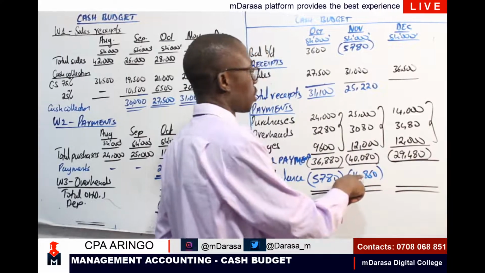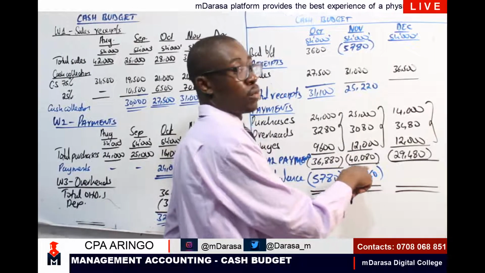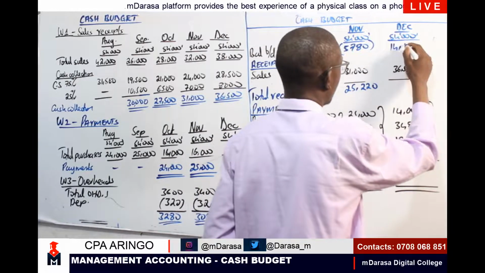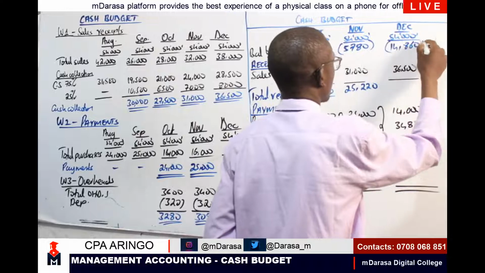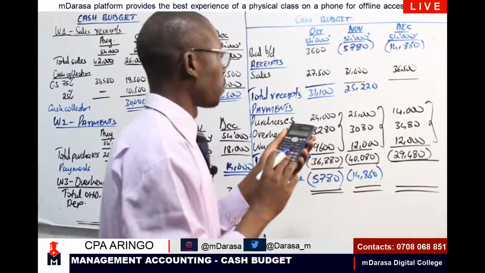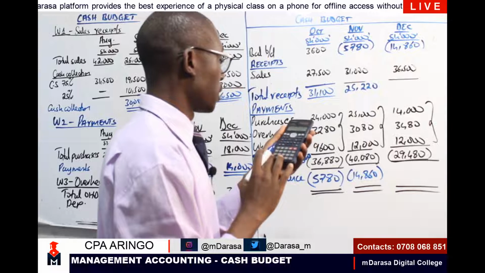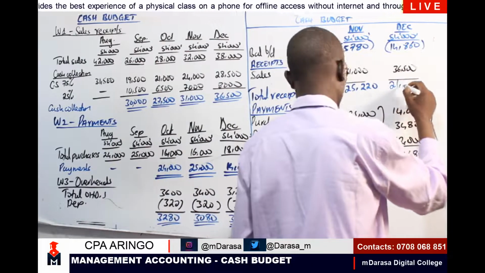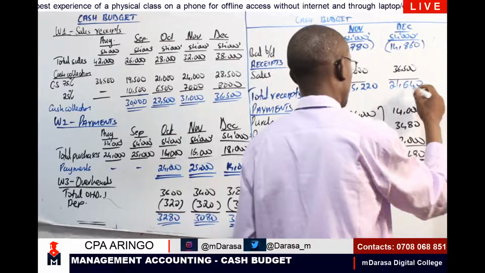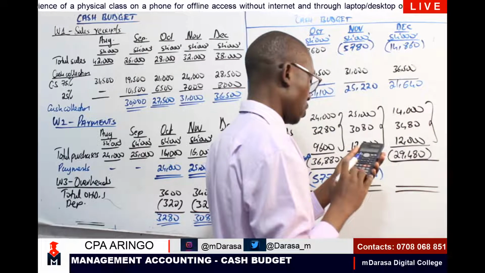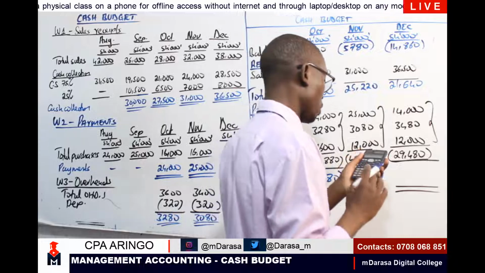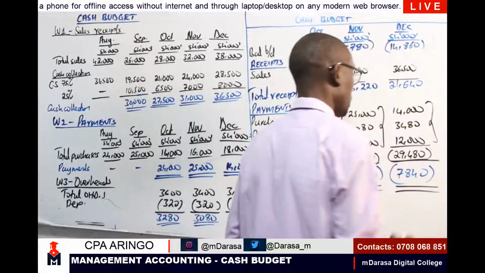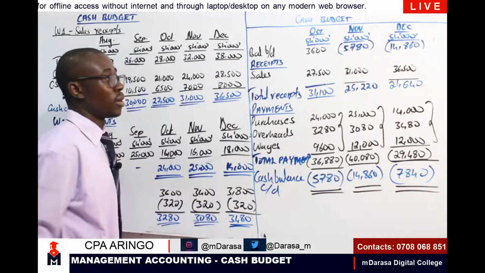So my closing balance in the month of November will be our opening balance in the month of December, 14,860, which in this case I should be having plus 36,500 to give us a figure of 21,640. So that as at the end of the day, minus 29,480 to give us a figure of 7,840. So basically, this is our cash budget.